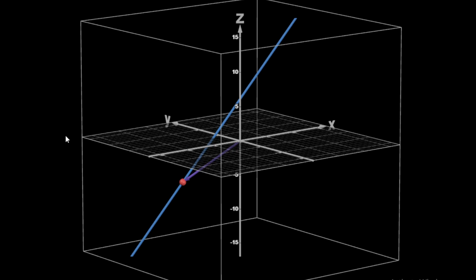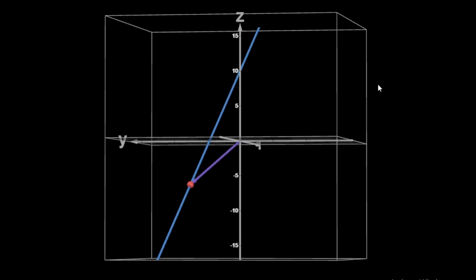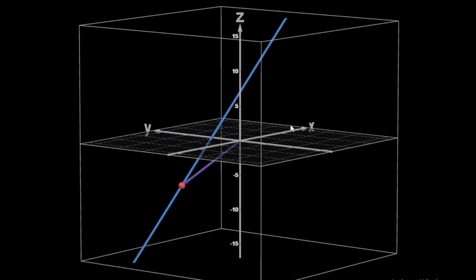So first thing I'm going to do is show you that a line drawn in 3D, a line that looks like this, will be calculated by a vector. Just the tip of the vector constantly dragged along in 3D space.